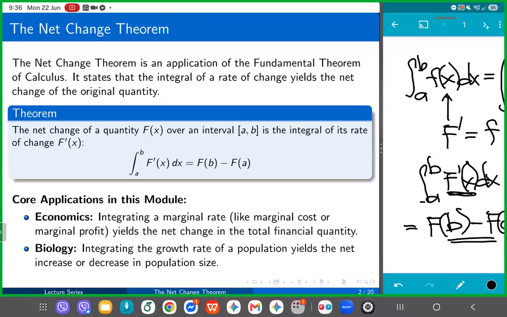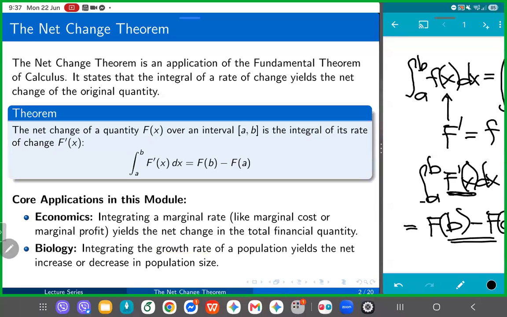By the way, this is called the net change theorem or total change theorem sometimes in some fields like economics, where we will interpret the integral of a marginal rate to be the net change in the corresponding financial variable like cost, revenue, profit, or in other fields, like statistics or biology and others, to be the net change in the population, which can be obtained by integrating the growth rate.